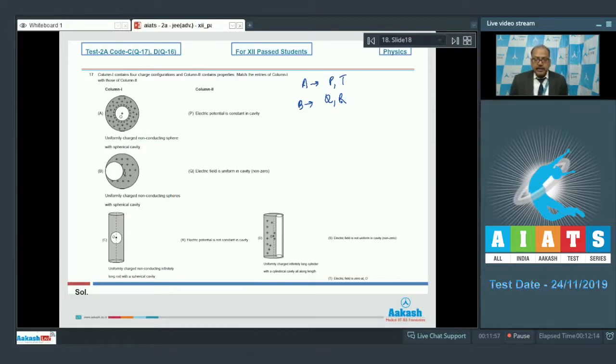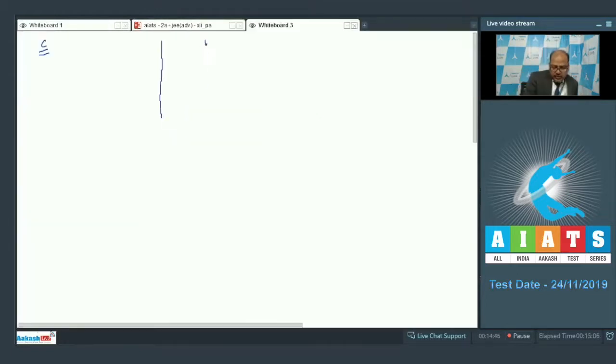For finding the expression for electric field in the cylinder, this is a superposition of two electric fields. We first look at the electric field due to a uniform cylinder of charge which is infinitely long. At this point P, you want to find the electric field. Let's say this is R1 and we draw a cylindrical Gaussian surface whose length is L and radius is R1.